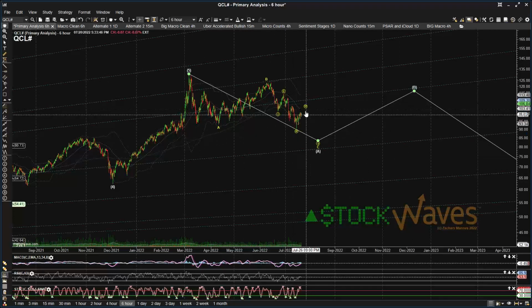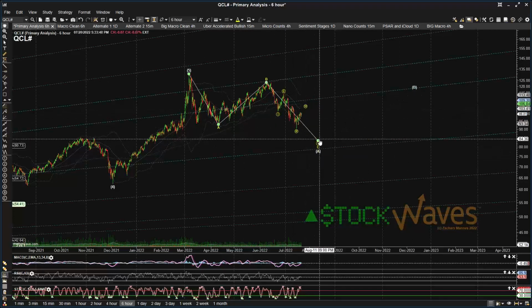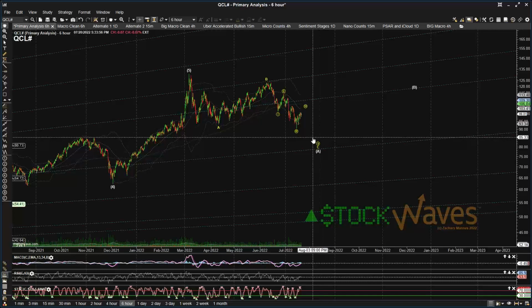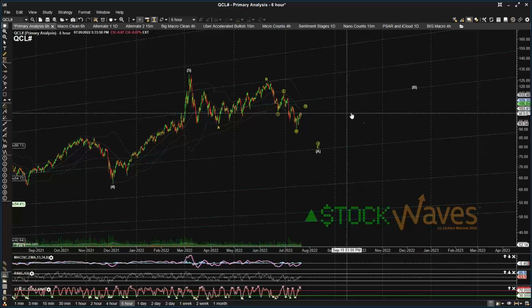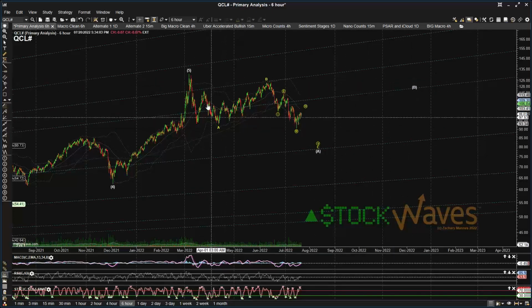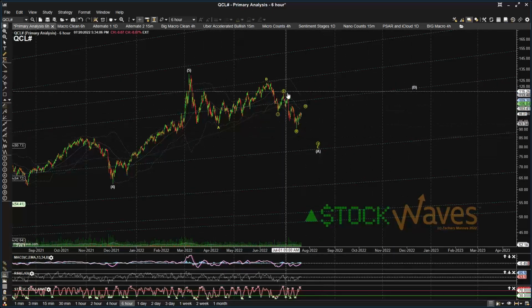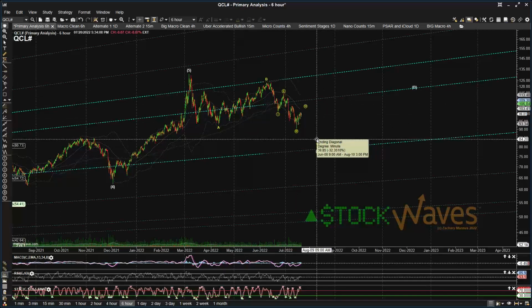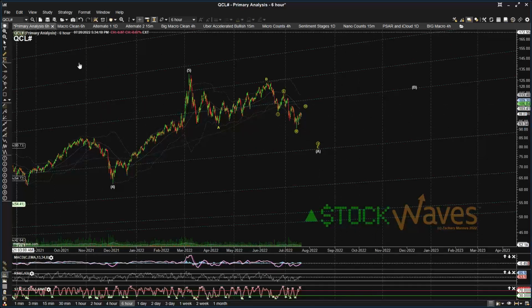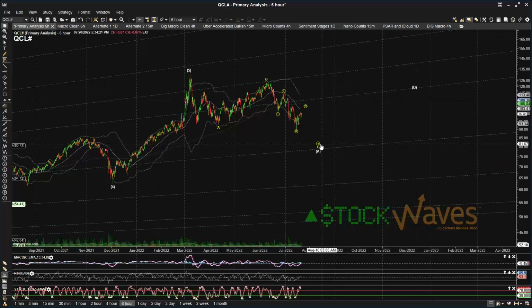But this is going to be a very clear, if we get a 5th wave down of the C wave towards the 85 region, that would be a very, very high probability opportunity to go long, even if we're looking only for an ABC up as the B wave, because any clear ABC structure, particularly when the C wave is acting like an ending diagonal, gives you a very high probability setup for at least a bounce. And just that B wave could easily be a 25 to 30% move. So certainly worth watching that.